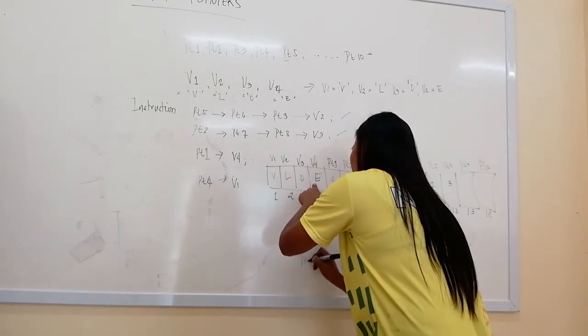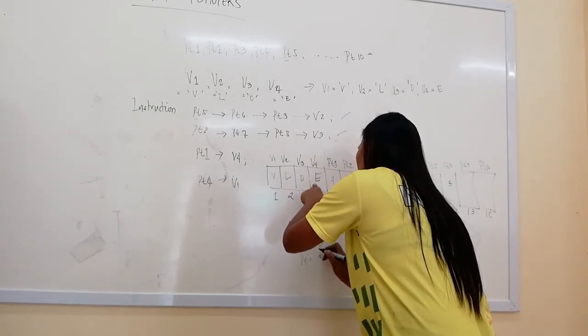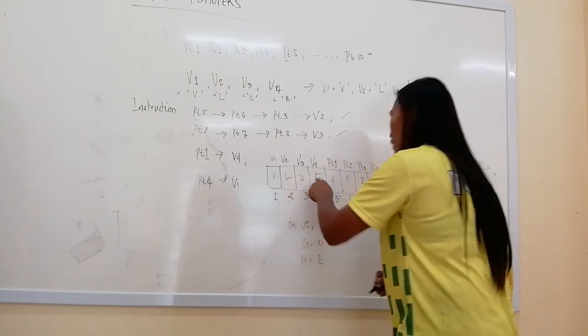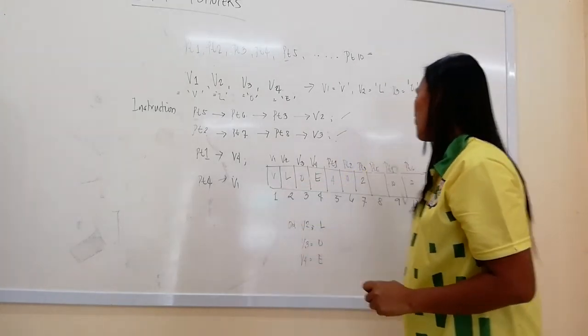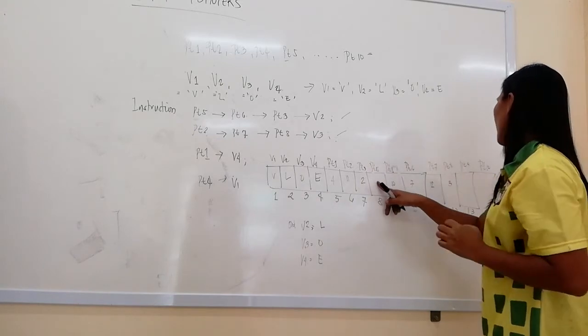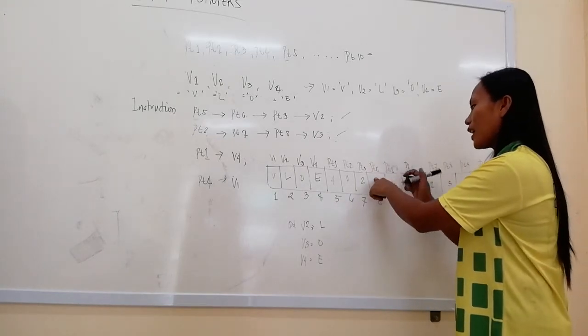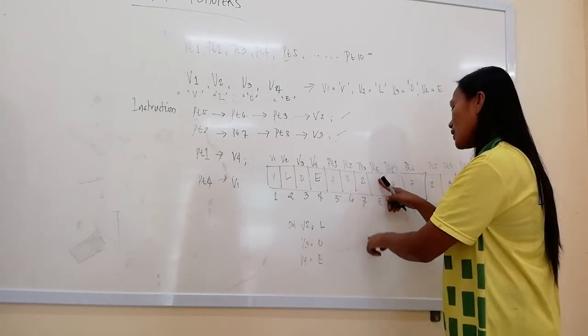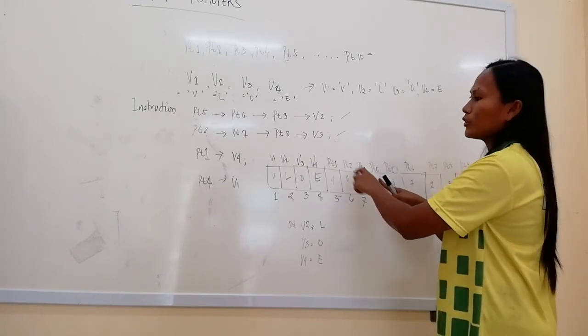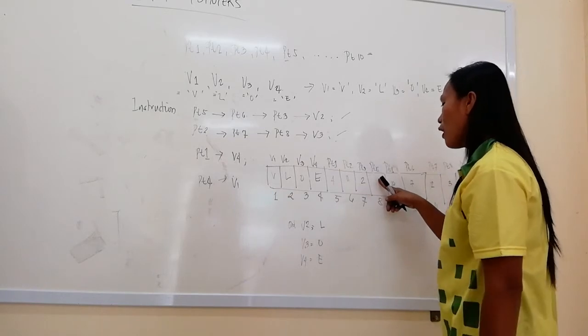Okay, E. Ayan. Okay, last, PT4. PT4 is located here. And then, PT4 is pointing to the address of variable 4.